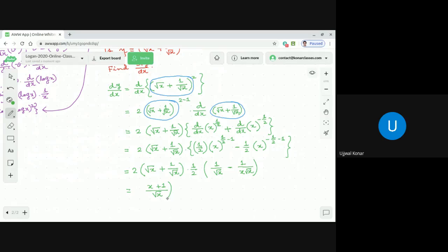Do you agree with me? Into, in the denominator we get x root x. Then x root x minus root x, correct or not? That means in fact we can say it is actually x minus 1, 1 by root x minus 1 by x root x.